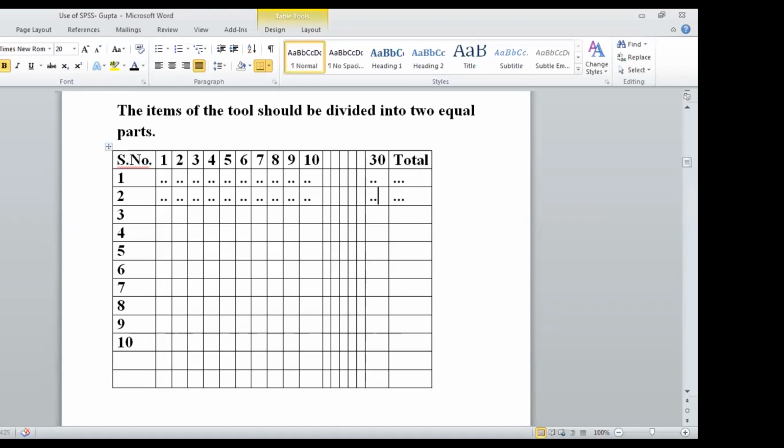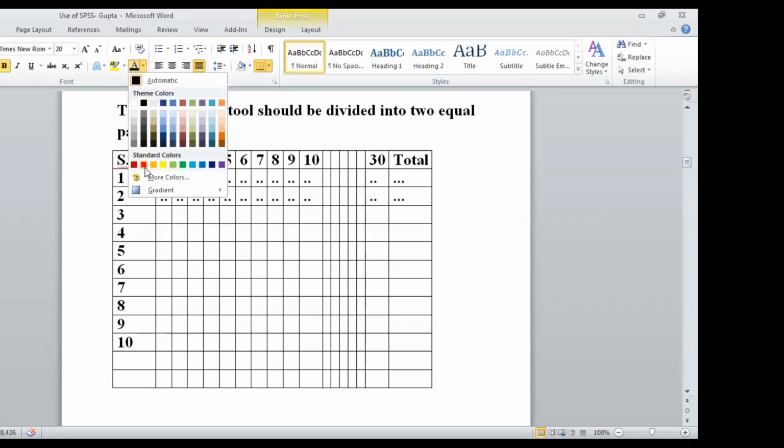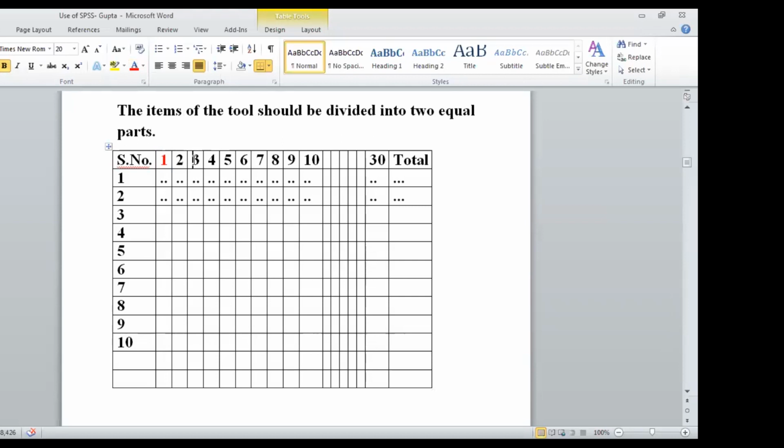So now if you add the score on item number 1, item number 3, item number 5, item number 7, item number 9, and so on and so forth.